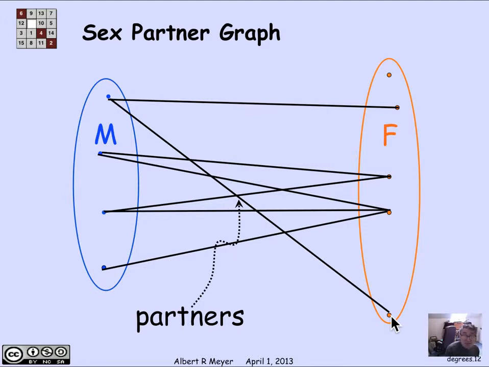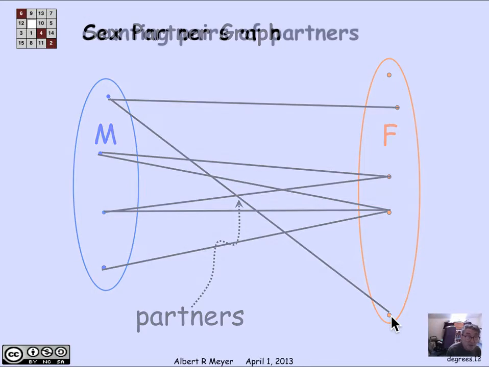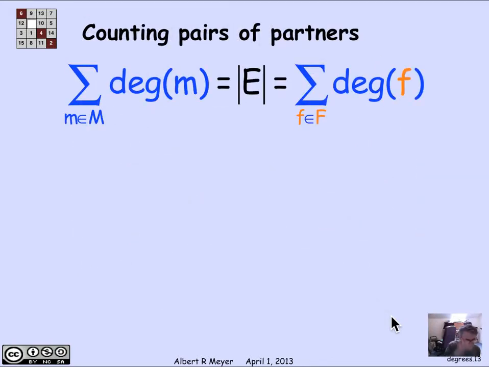Okay, so this is a simple graph structure that we can use to represent who got together with whom in any given population of men and women. Now, if you think about the same argument that we used for handshaking, if you sum the degrees of the men, you're counting each edge exactly once. And so the sum of the degrees of the men is equal to the number of edges in this graph.